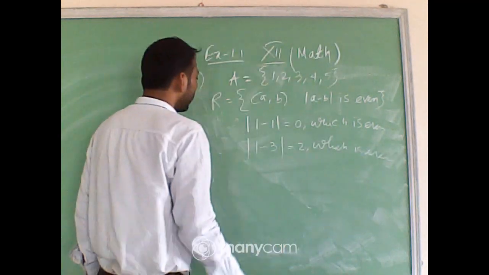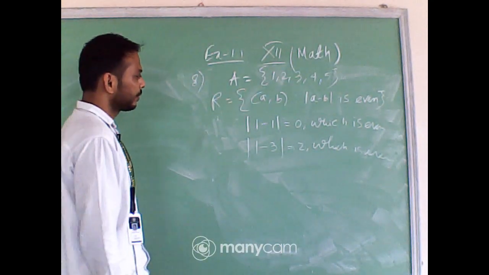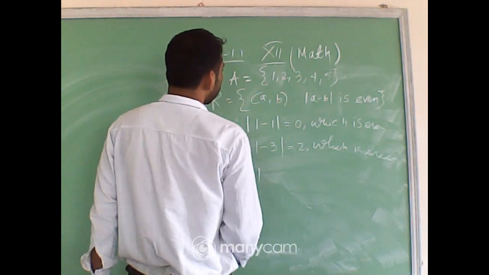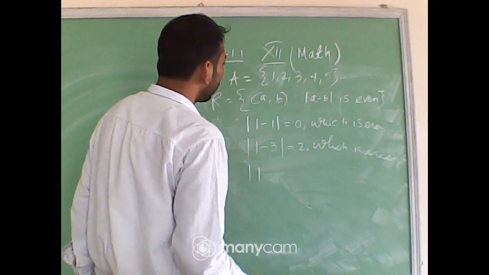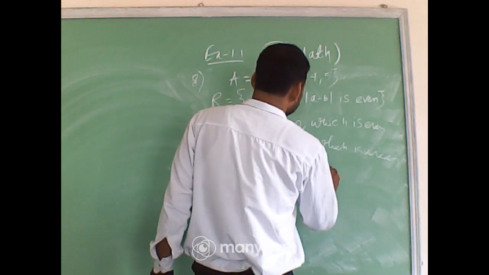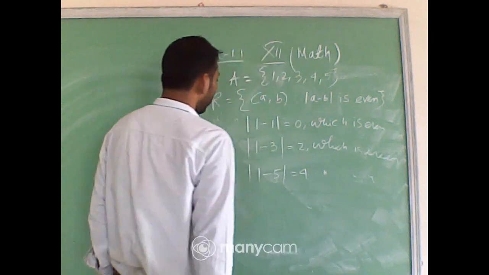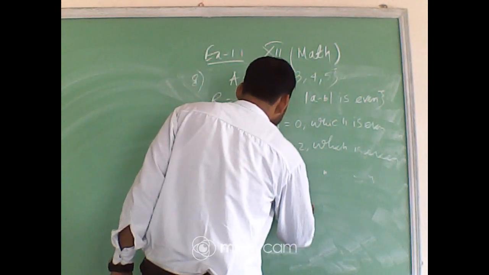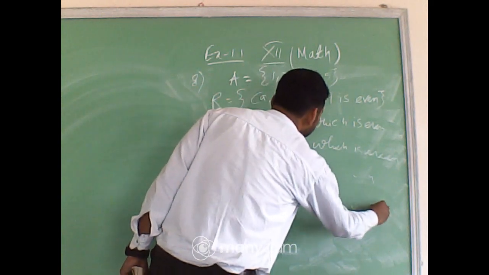But |1 - 2| is not even. And |1 - 4| will not give you an even number. |1 - 5| is 4, which is even. And also |2 - 4| is 2, which is even.